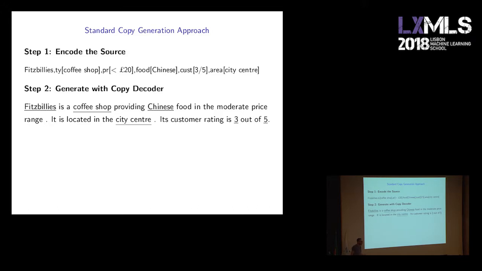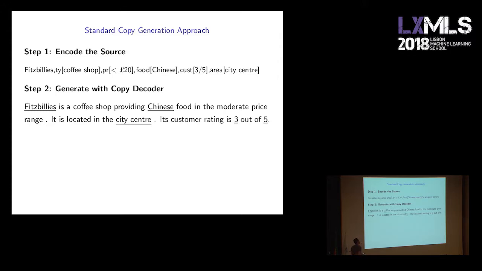As we saw earlier, the standard approach we've talked about previously consisted of first encoding our source. Here we would take something like an embedding for each cell, or maybe an LSTM. We run that over our source model. We then use attention to look at that source in order to produce our words.